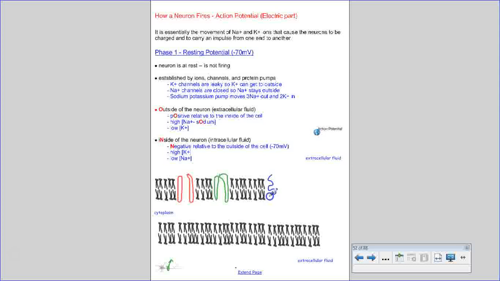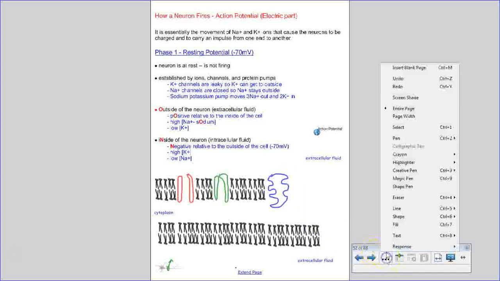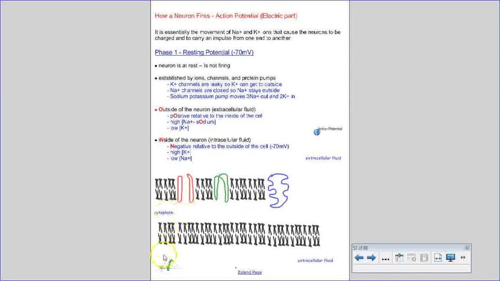Kind of three spaces, one kind of ion, and then it has two spaces. These are kind of symbolic drawings. Two spaces for another kind of ion.